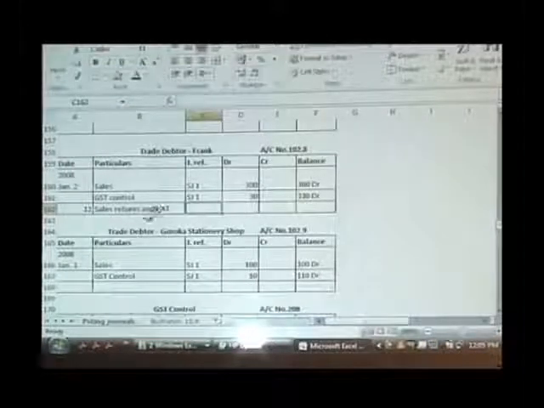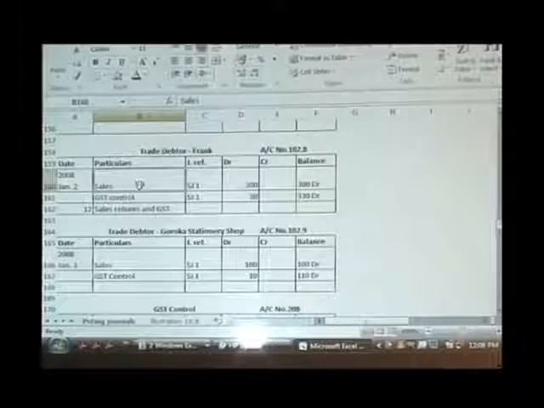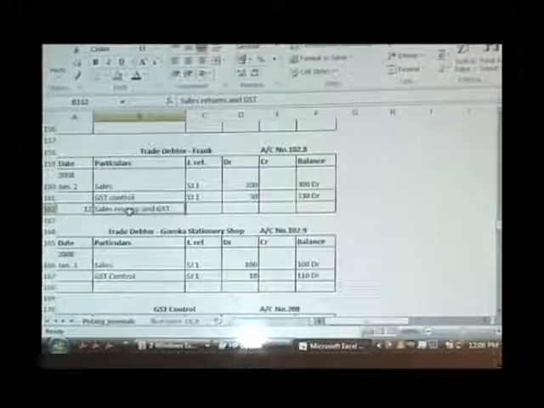two items at once. So here we posted sales separately and GST control separately. Instead of making two entries, we can make one entry like this.